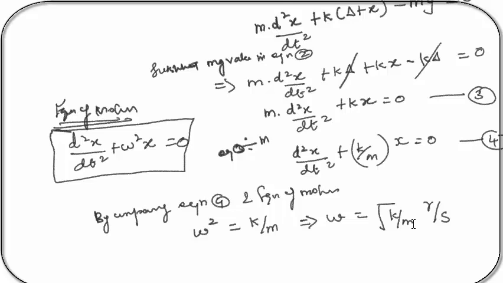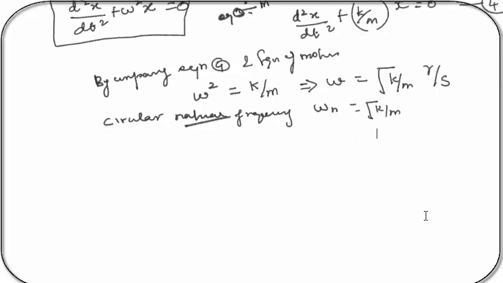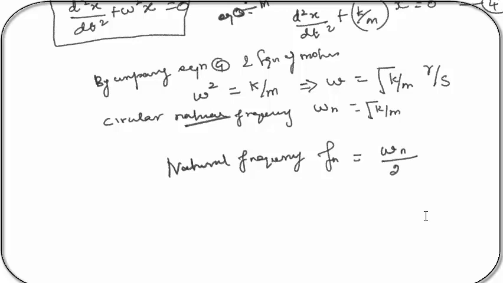Because it's the natural frequency, instead of omega I'm adding omega n, which is equal to root of k by m. Now find out the f1 value, which is a frequency in hertz. So what is the natural frequency f1? I have to divide this term by 2 pi.